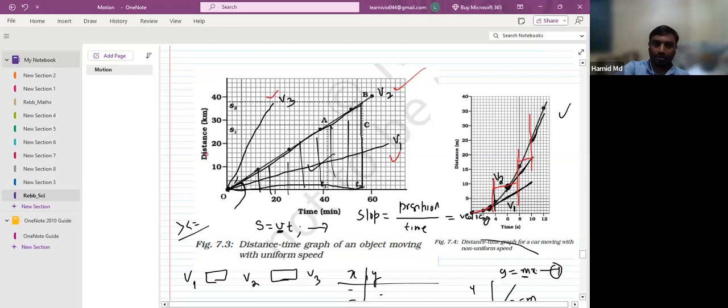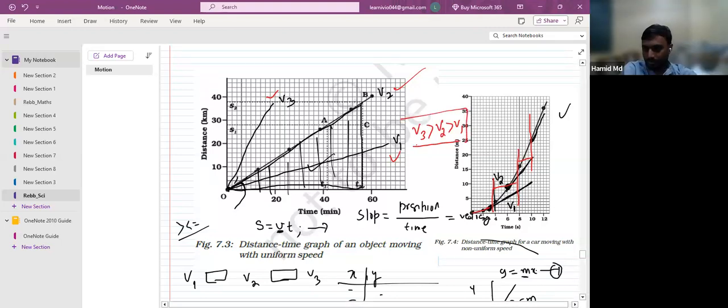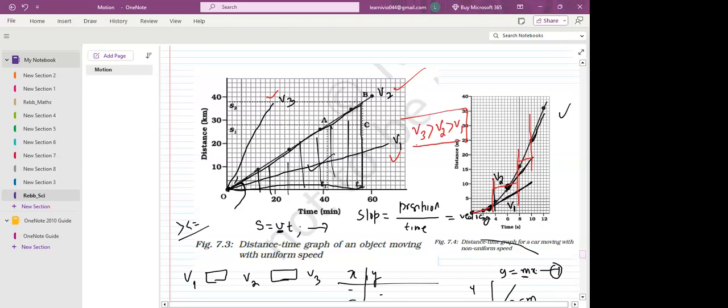So I'll say that V3 is greater than V2 is greater than V1, right? This is the order. Clear? Yes, sir.